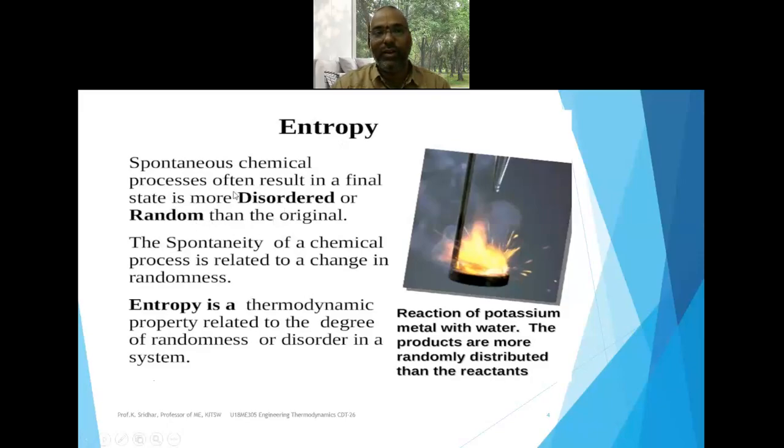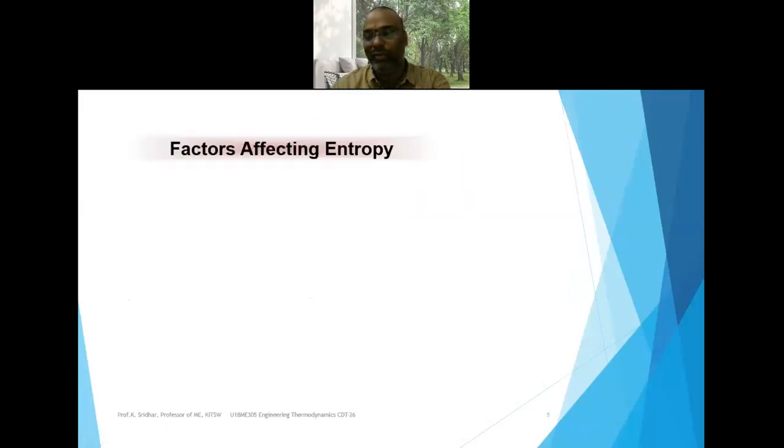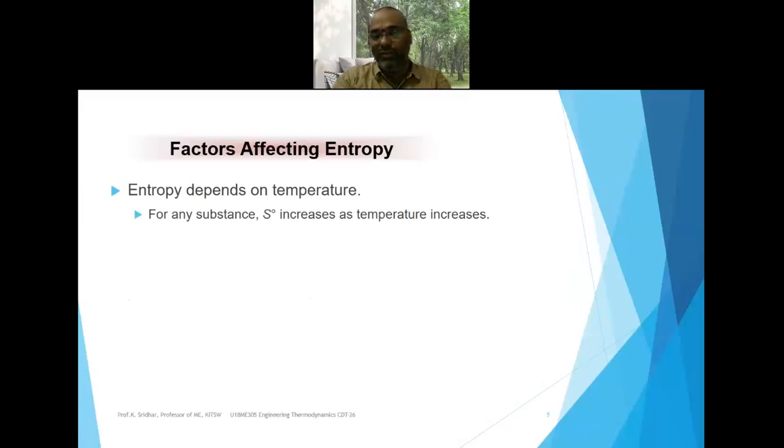Whenever a chemical process takes place, automatically there will be more disorderness of the molecules, so the entropy of the final state will always be higher compared to the initial state. So the spontaneity of a chemical process is related to a change in the randomness. That's why entropy is a thermodynamic property related to the degree of randomness or disorderness in a system. So it is concluded that entropy is basically related to the disorderness of the system.